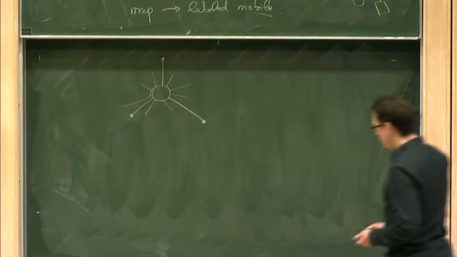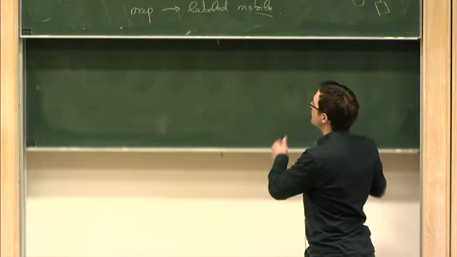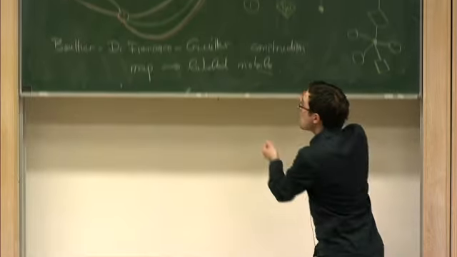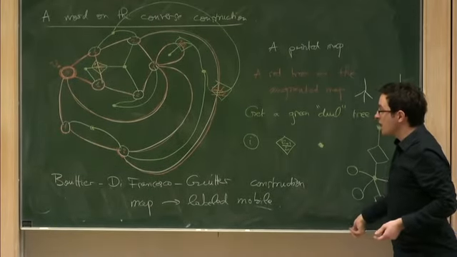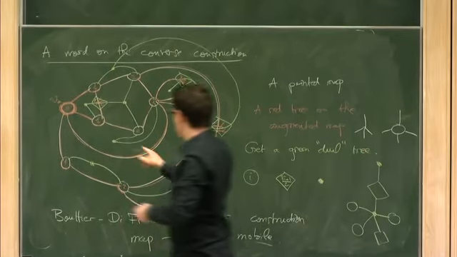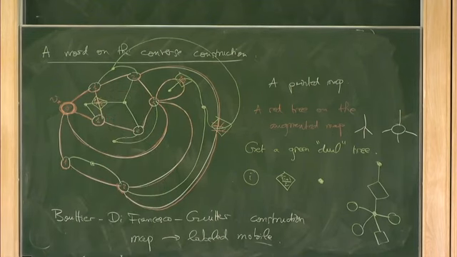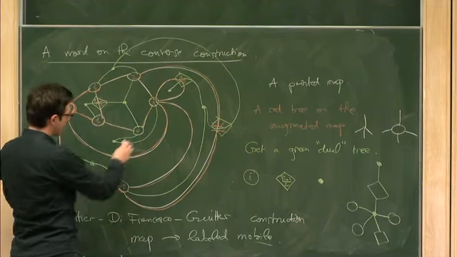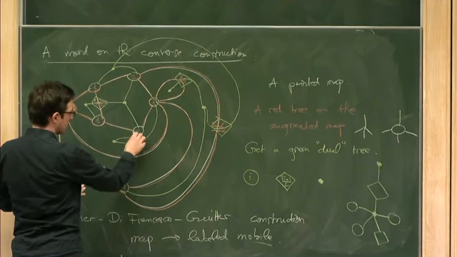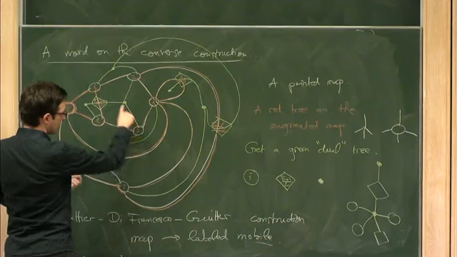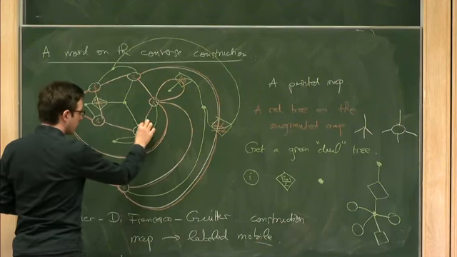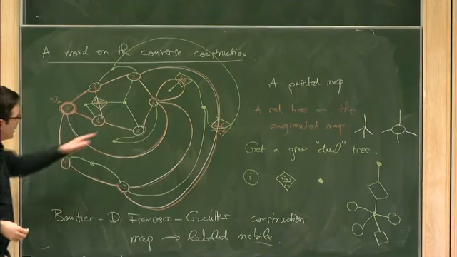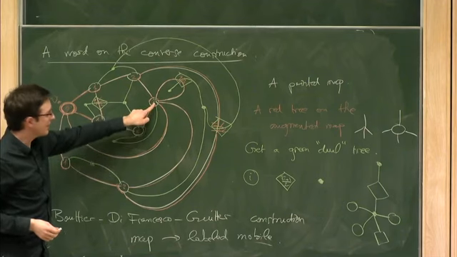So maybe before I comment further on that, you can also see how the converse construction goes from that green tree to the red tree. It may be a bit hard to see, but let's look, for instance, at this vertex. This vertex in the green tree is incident to this corner, and it's connected to that other vertex.